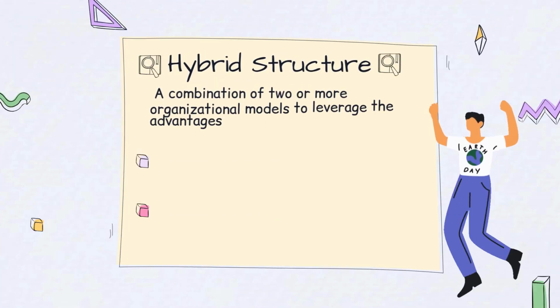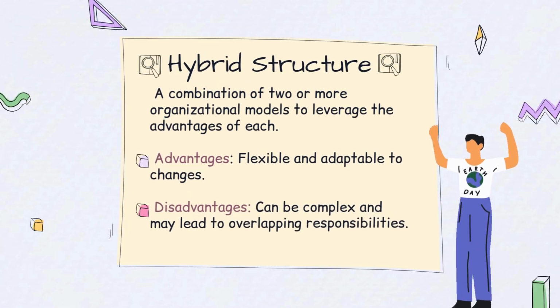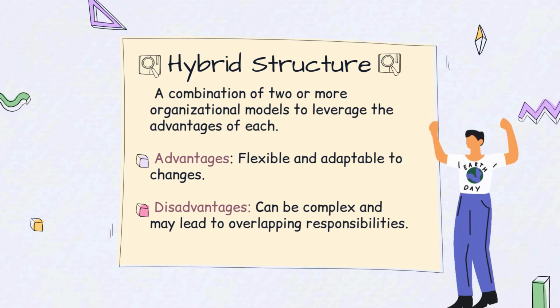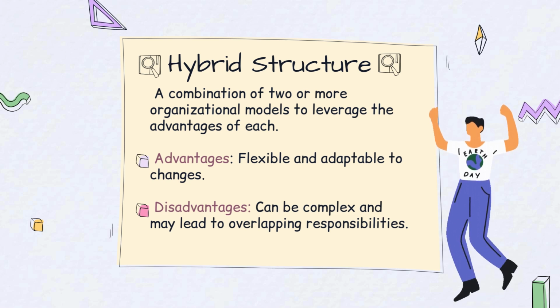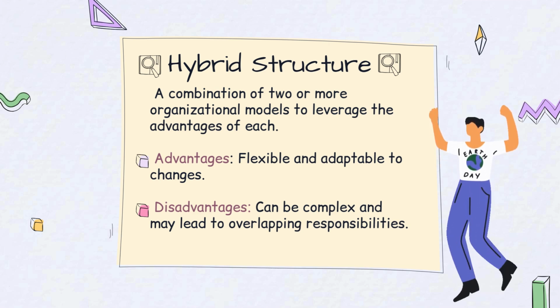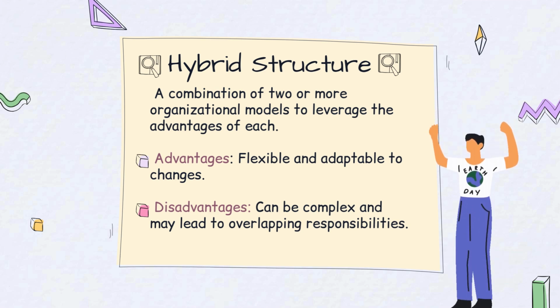And the second is hybrid structure, a combination of two or more organizational models to leverage the advantages of each. Advantage: flexible and adaptable to change. Disadvantage: can be complex or may lead to overlapping responsibilities.